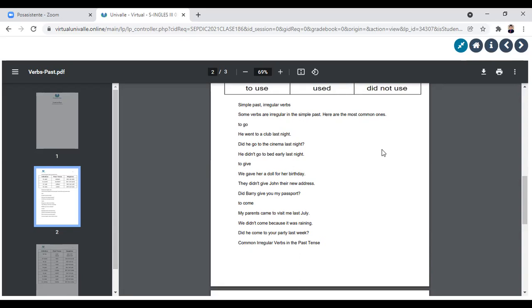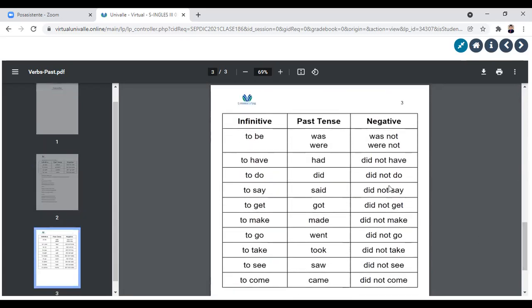And we have a list of some common irregular verbs in the past tense. In this case, the verb be is an irregular verb. To be: was, were, was not, were not. To have: had, did not have. To do: did, did not do. To say: said, did not say.